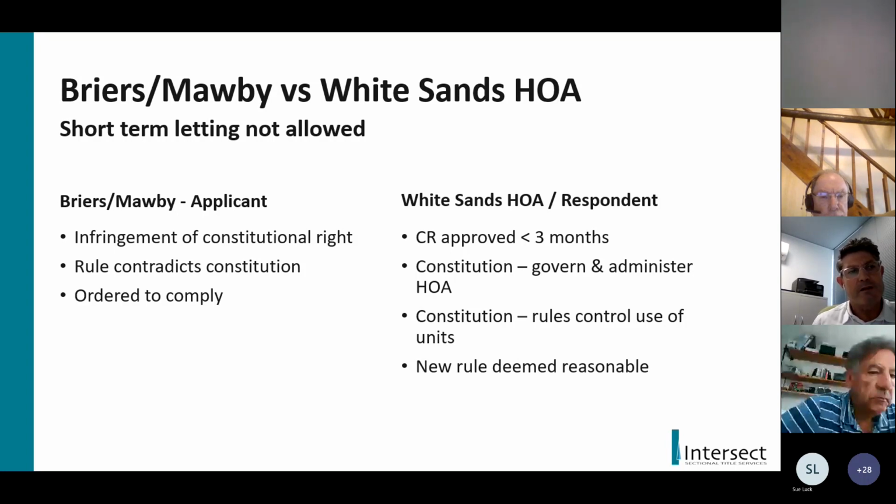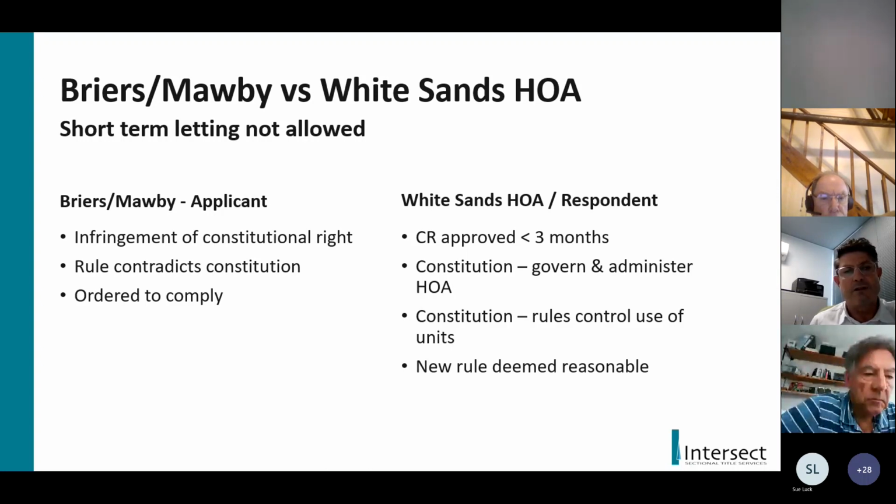Another HOA matter, in this case the applicant was an owner. Here it had to do with short-term letting that wasn't allowed by the HOA. The owner said that the fact that the HOA wasn't allowing short-term letting was an infringement of their constitutional rights, and that the rule contradicted the Constitution.